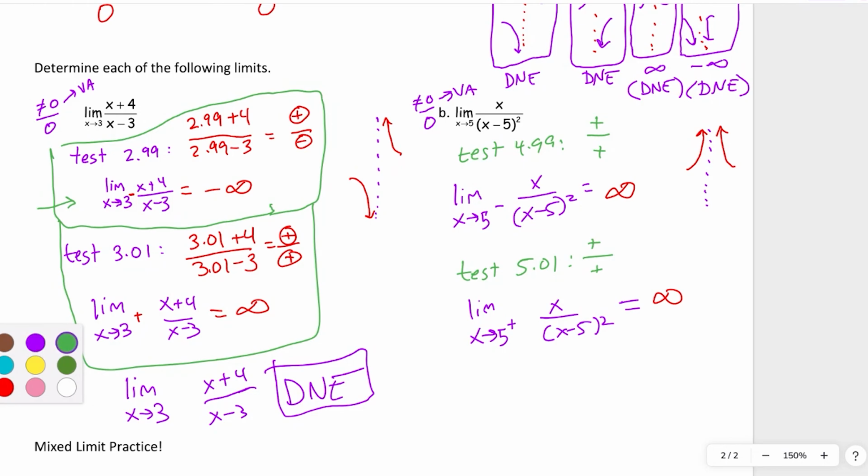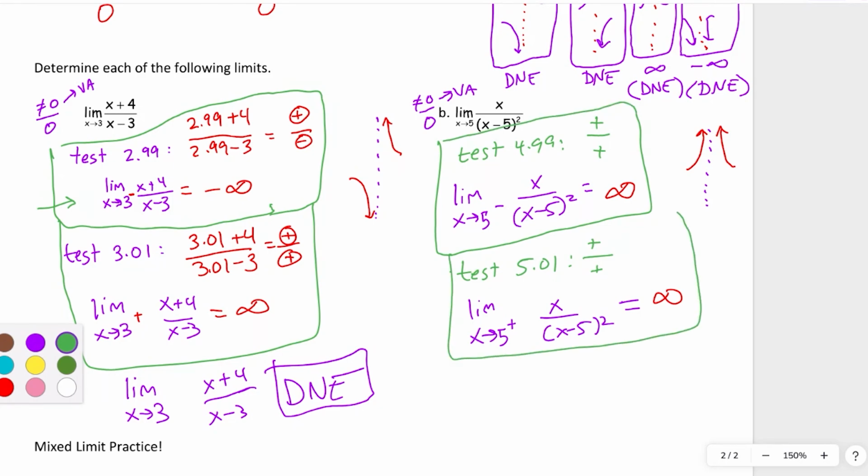All right, so we've got our two tests. We've determined the left and the right-hand behavior. While it's true that the limit will never exist at a vertical asymptote, so you could say it does not exist, what I really want to know is plus or minus infinity if it's appropriate.